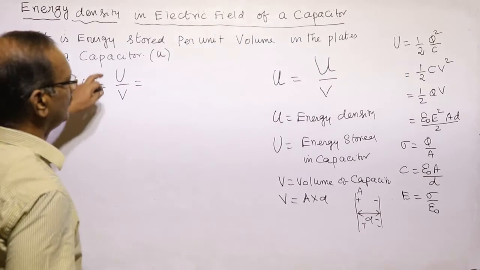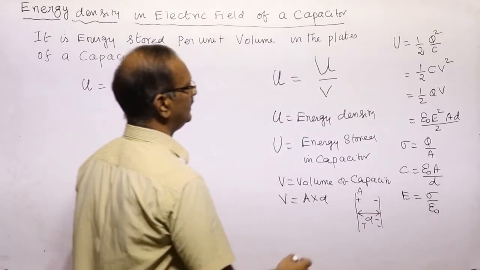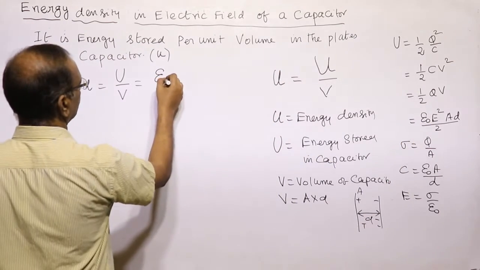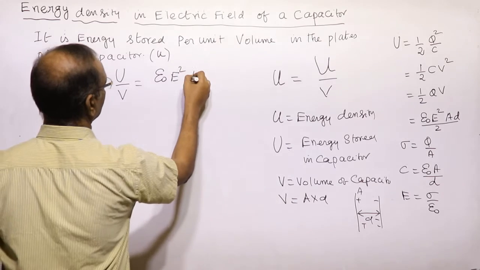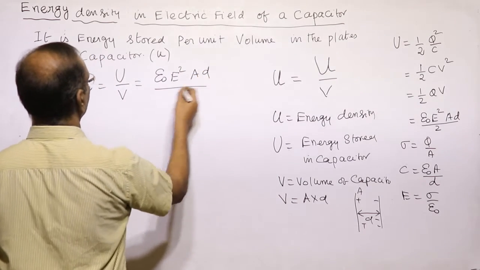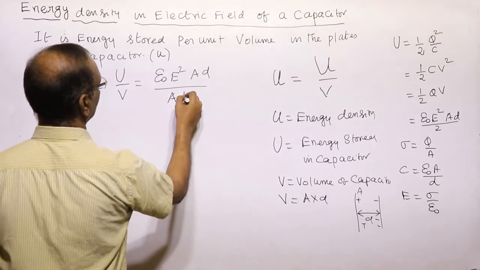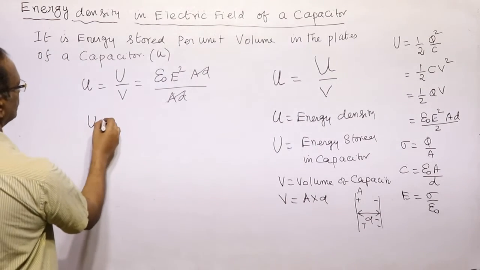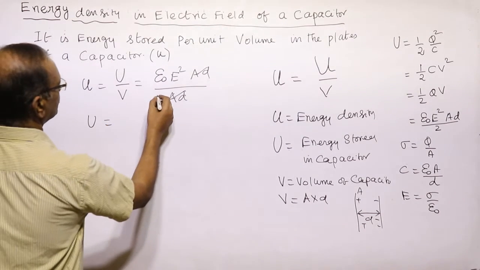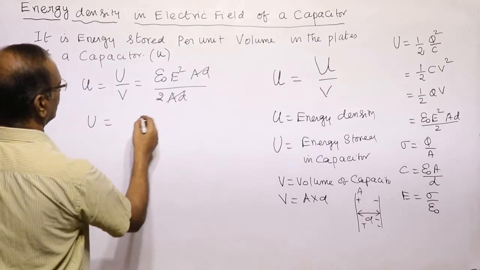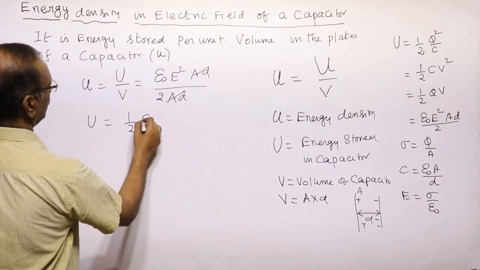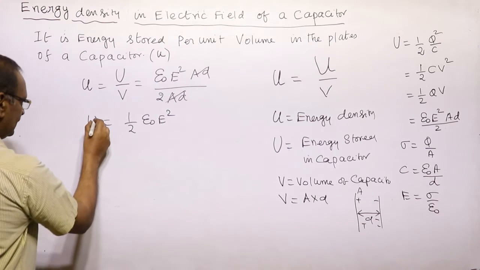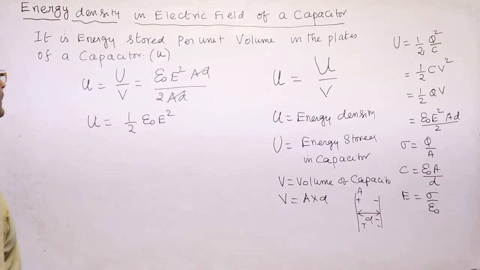Energy stored is half epsilon naught E square A into D divided by volume, which is also A into D. So this and this cancel. So small u is equal to half into epsilon naught into E square. This is the energy density.